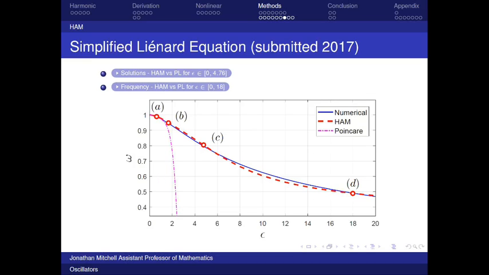That was using the Poincaré-Lindstedt method, which has its benefits, versus the red curve was me using the homotopy analysis method, and the blue is solving it numerically with the computer, which means it is approximating frequency, but it's not able to give you an expression for the frequency. It's just floating points. Here's the number. Who knows how it became that number, right? But the HAM actually gives you expressions for how it depends on the parameters of the model. And it does much better than the Poincaré-Lindstedt method, which is really only designed for weakly nonlinear oscillators.